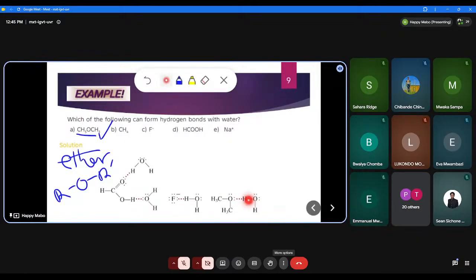The next option that we have is the fluoride ion. The fluoride ion initially had three lone pairs of electrons, and it has gained an extra electron. So any of the four pairs of electrons that we now have can be used to create an interaction between the fluoride ion and the water molecule. This is straightforward.